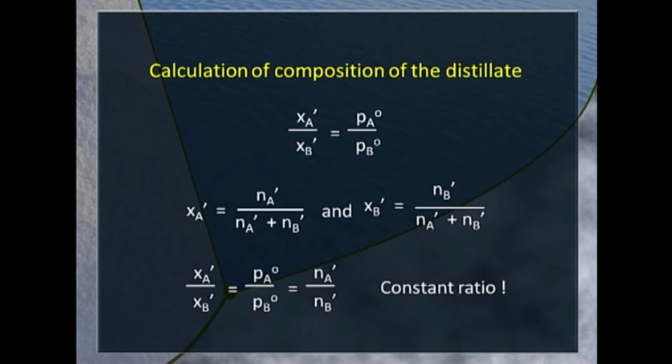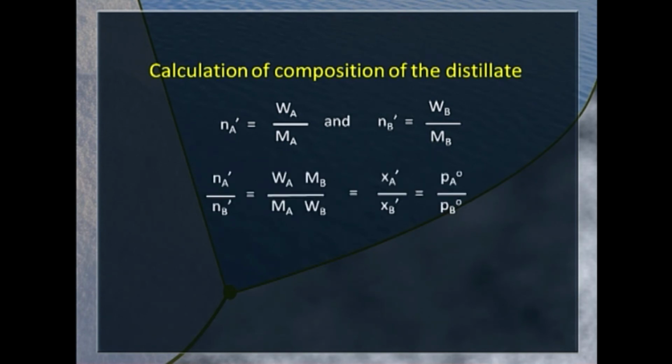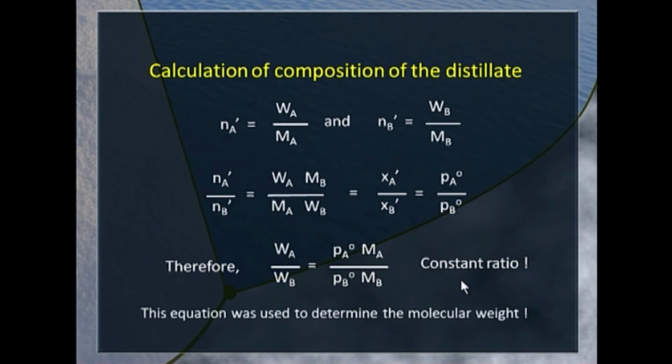And in fact, we can calculate the weight ratio by substituting the values of molecular weight in the equation, so that WA by WB is equal to PA0 into MA divided by PB0 into MB, where MA and MB stand for the molecular weight, a constant ratio as expected. This equation in fact has been used earlier to find out the molecular weight of compounds that are freshly isolated.